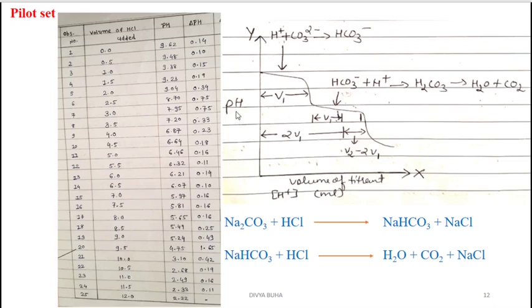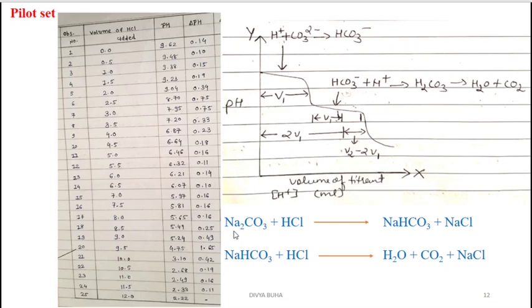Now this is the graph of pH versus the volume of the titrant, which is HCl. We are adding protons, or you can say hydrogen ions, to the beaker. So initially when HCl has not been added, the pH would be alkaline, it would be basic.